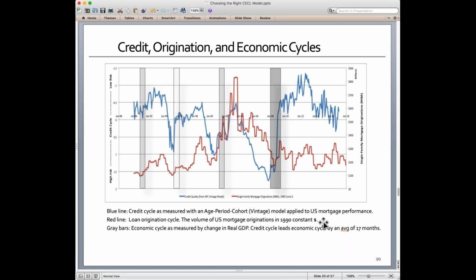On this graph, the blue line is a measure of credit cycle for mortgage. This is actually a few different studies put together that looked at different data sets. The point is that you can see periods of low risk that tend to stretch for a while, and then sudden periods of high risk.